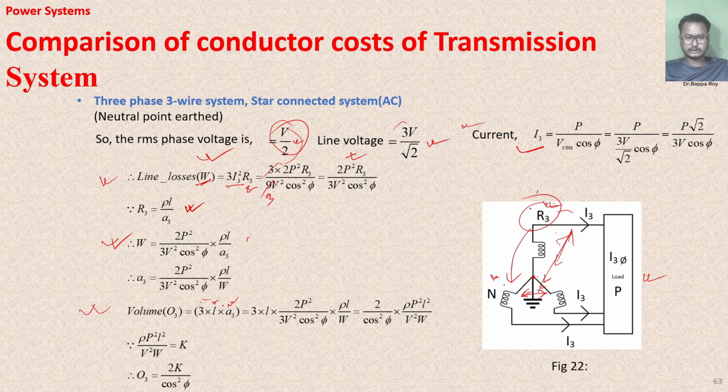We're just putting the values of L and A3. So finally it will come 2 by cos square phi into rho P square L square by V square W. You can check it. Surely it will come. Simple.